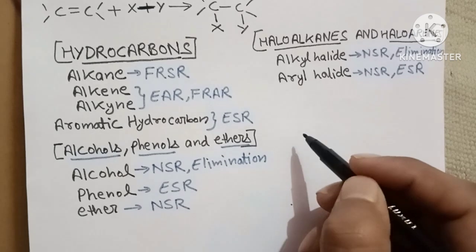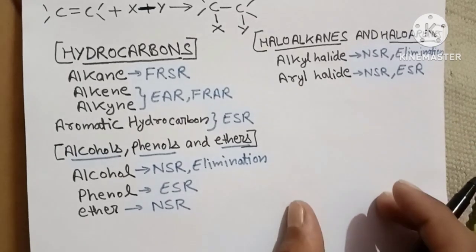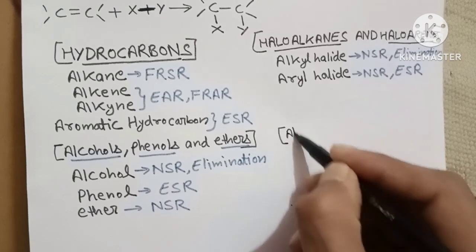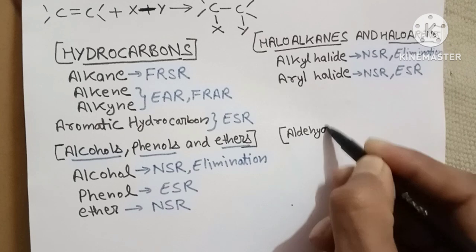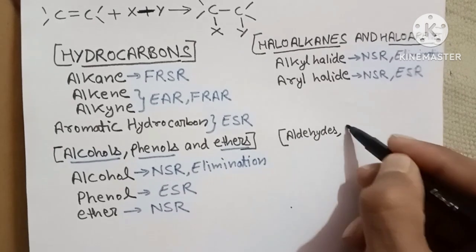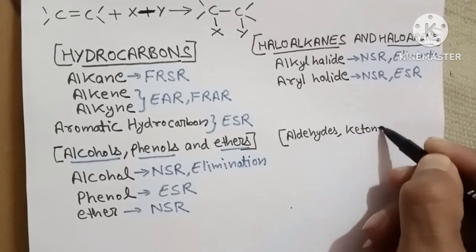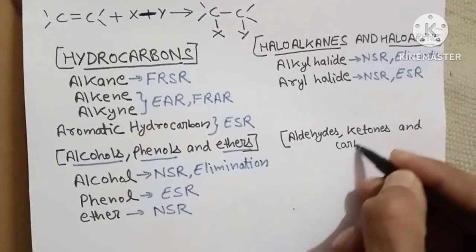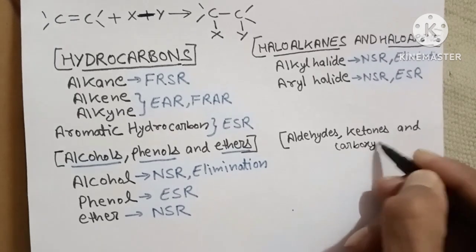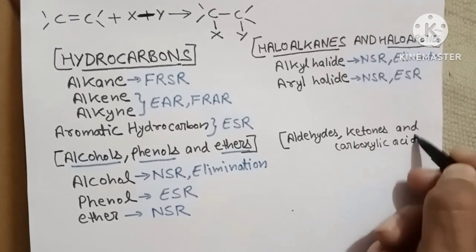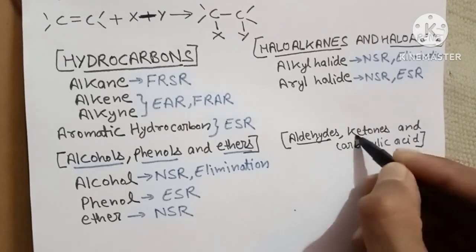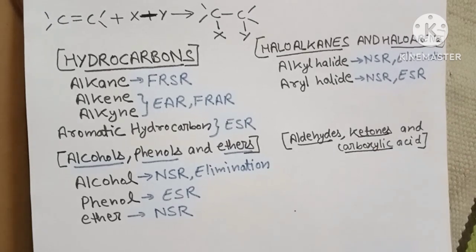So next thing we're going to draw is aldehydes and ketones, and next one is carboxylic acid. So these are the three different compounds we have to see here: aldehyde, ketones and carboxylic acid.